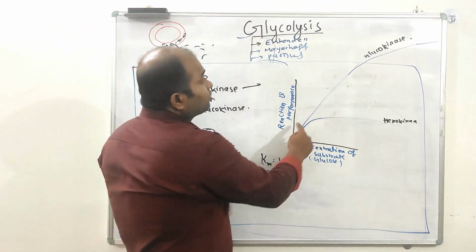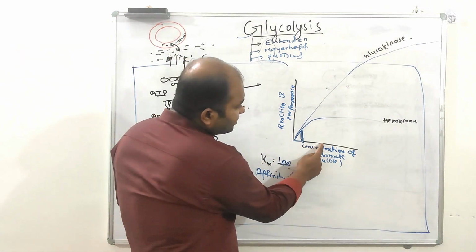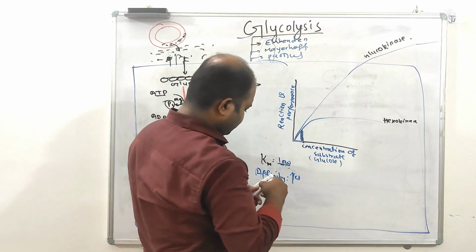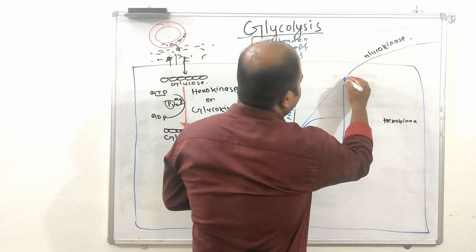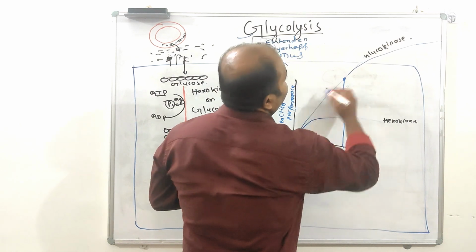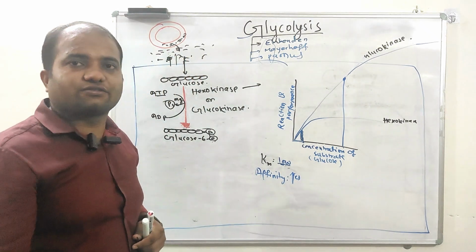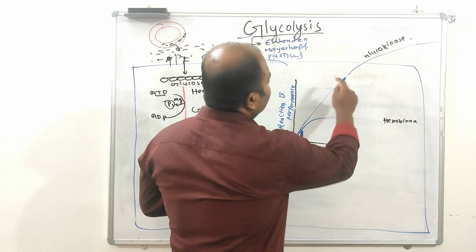Similar things we will compare with glucokinase. If you keep increasing the concentration of glucose to a so high concentration, then only it becomes half saturated, right? Let's assume this is the half. So if you keep increasing the concentration of glucose, then maybe after so high concentration, it will become half saturated.